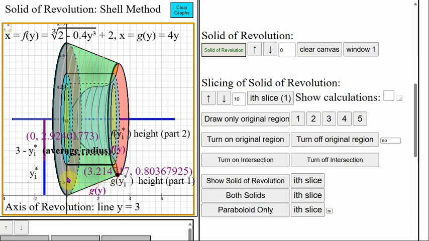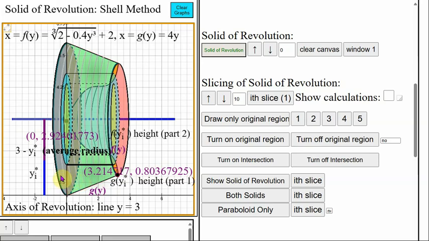And then from y equal to 0.836 up to y equal to 2.94, the shells are bounded by the y-axis in this graph.